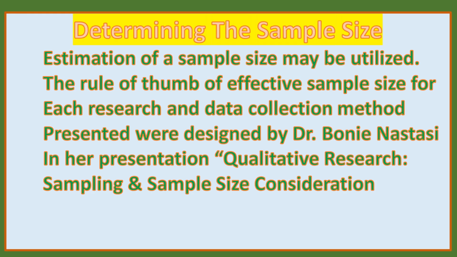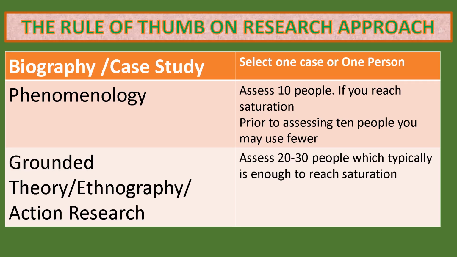Now, in determining the sample size, estimation of a sample size may be utilized. The rule of thumb of effective sample size for each research and data collection method presented was designed by Dr. Bonnie Nastasi in her presentation, Qualitative Research, Sampling and Sample Size Consideration.